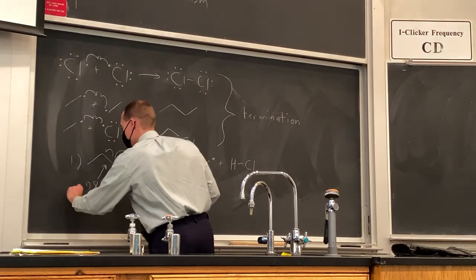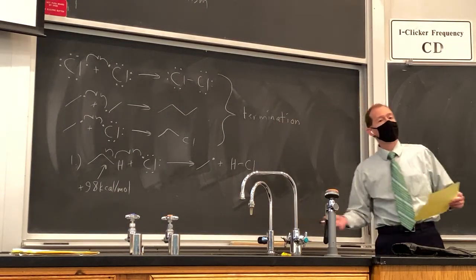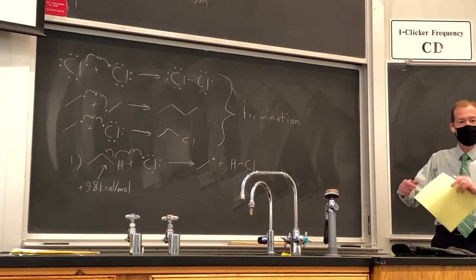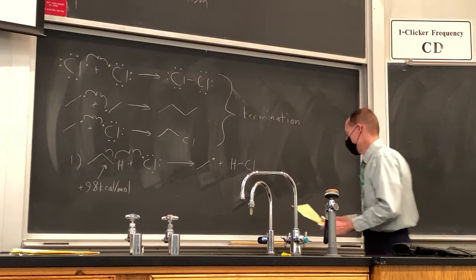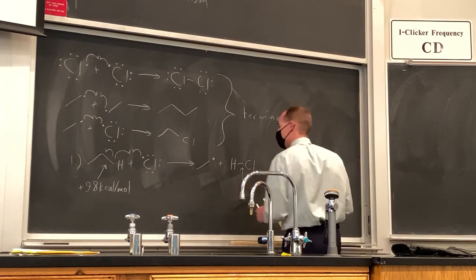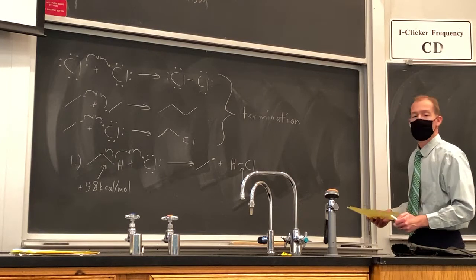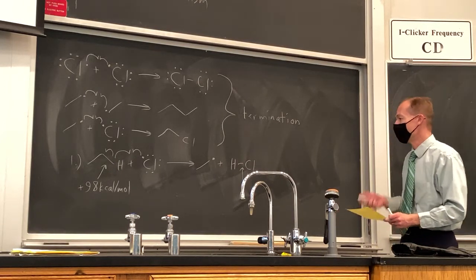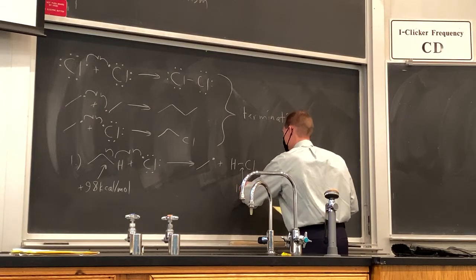And I'm going to put a plus sign in front of that value because since we're breaking that bond, we have to put energy into the system to accomplish that. The bond that we're forming is this hydrogen-chlorine bond. And that's actually a stronger bond than the carbon-hydrogen bond, 103 kcals per mole.